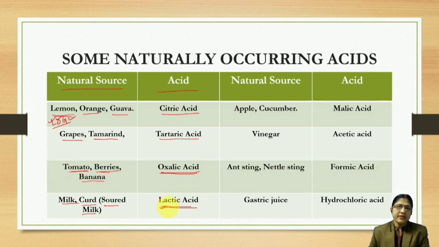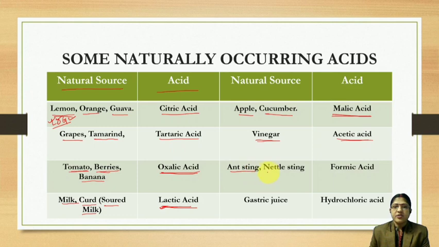That is why we feel pain in our muscles. Then apple and cucumber contain malic acid. Then vinegar, which your mother might be using at home while preparing chicken pakoda and different food items, is acetic acid.